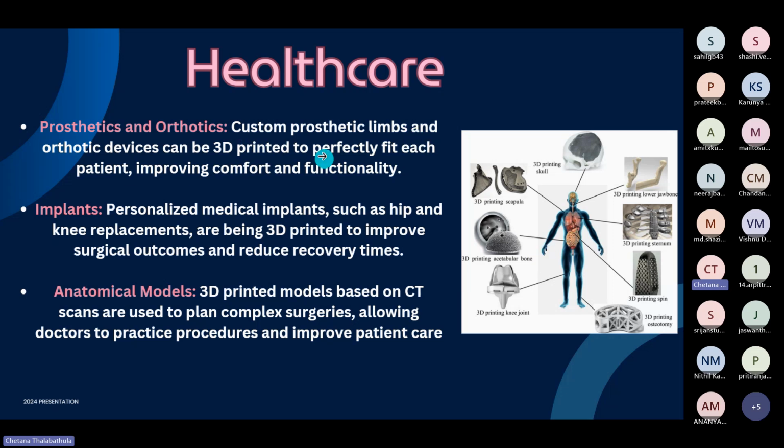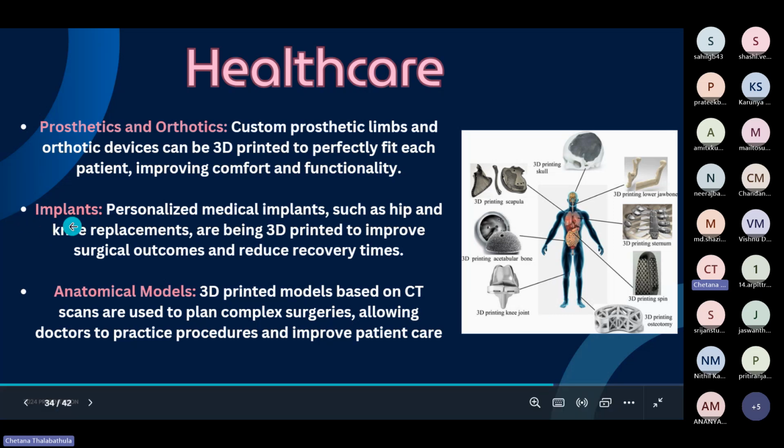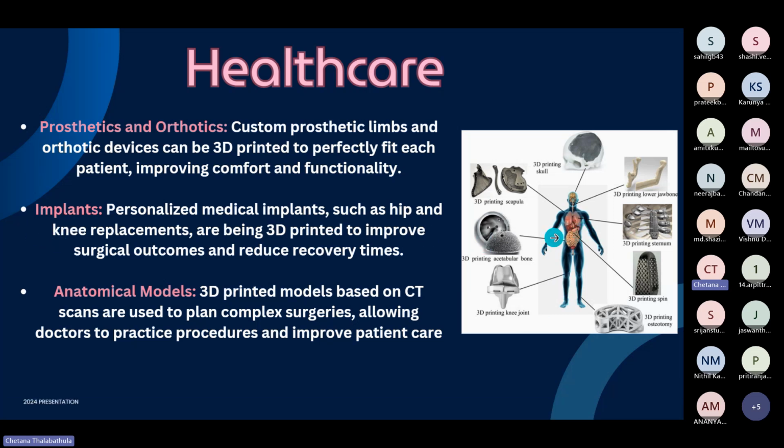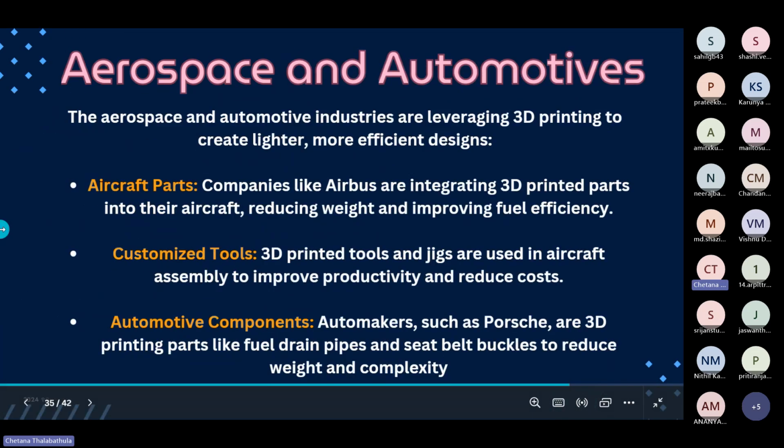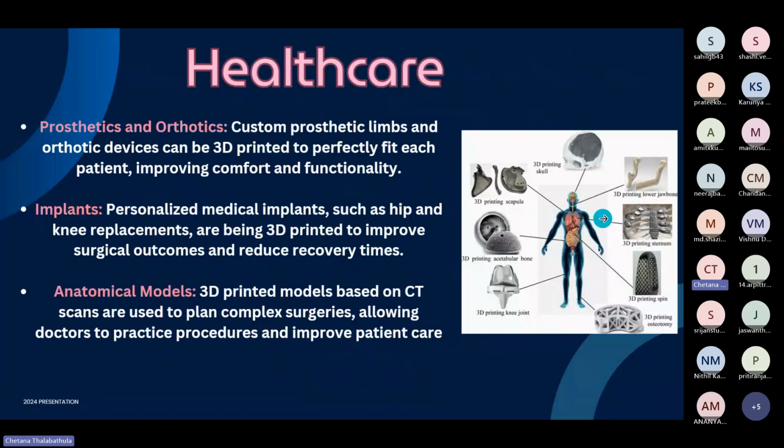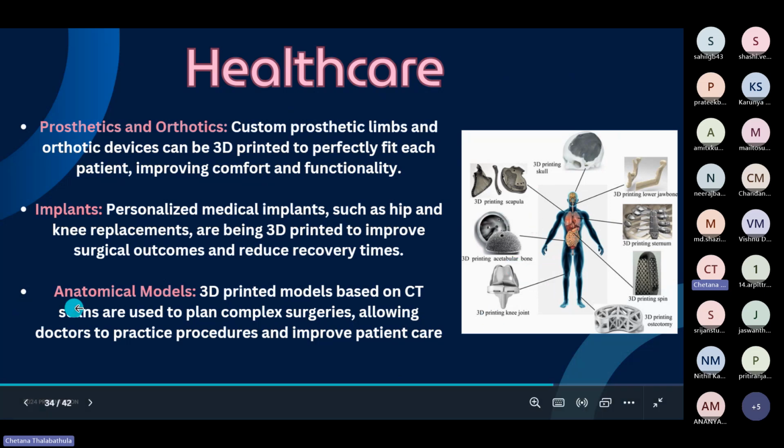Custom prosthetic limbs and orthotic devices can be 3D printed, which can perfectly fit the patient according to their own comfort zone. And implants, such as if they had an accident and the skull is damaged, a 3D printed metal sheet can be placed in place of the bone, equivalent to the bone structure, and it helps a lot. And anatomical models, as I've told right now.